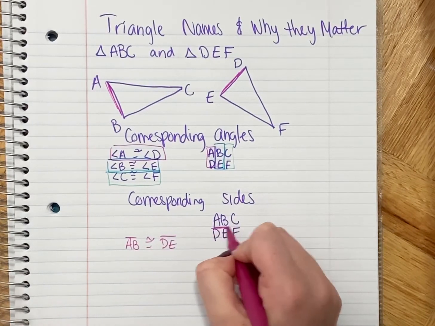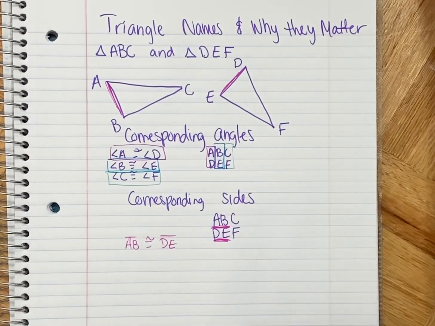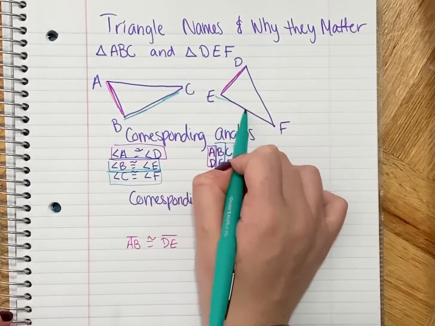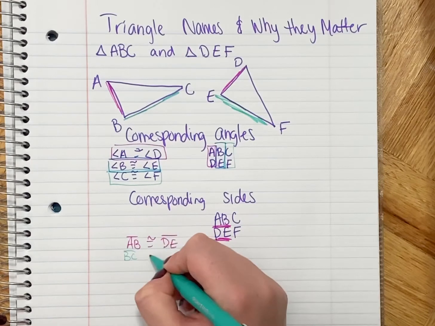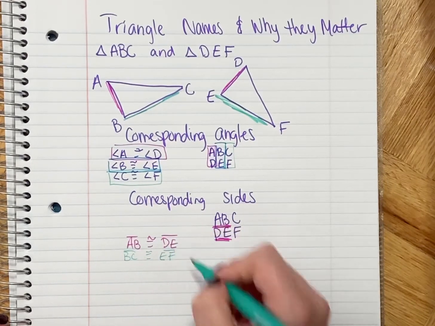We have AB and DE next to each other in our names. Okay, next up, let's do BC is going to correspond to EF. So we have BC is congruent to EF.